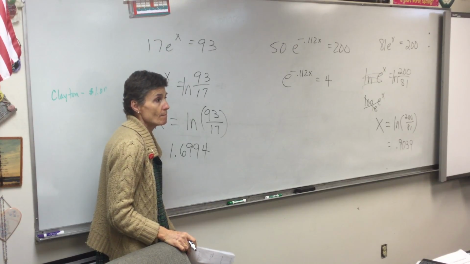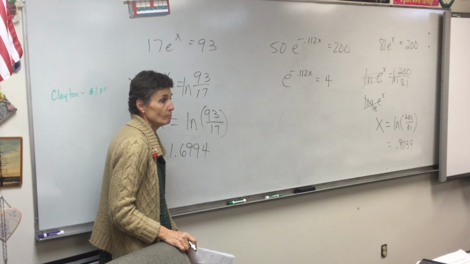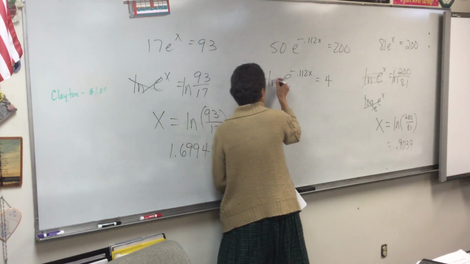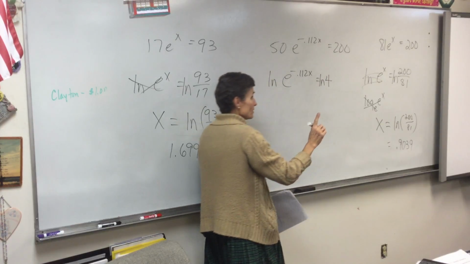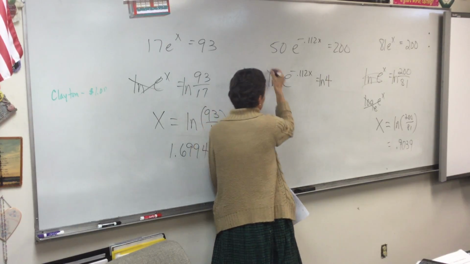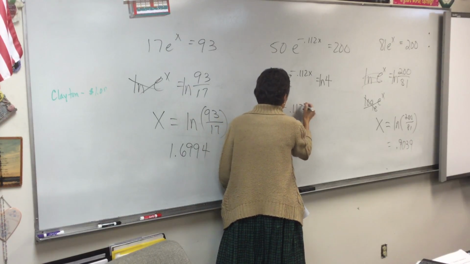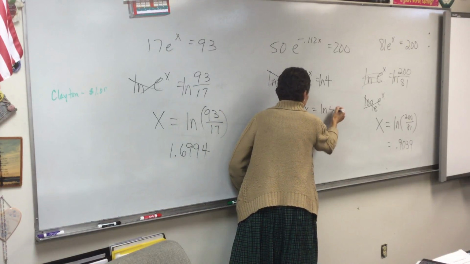Now what? Natural log both sides, ln both sides. And of course, the minute I do that, I get all excited because this goes away. So I have negative 0.112x equal to ln 4.